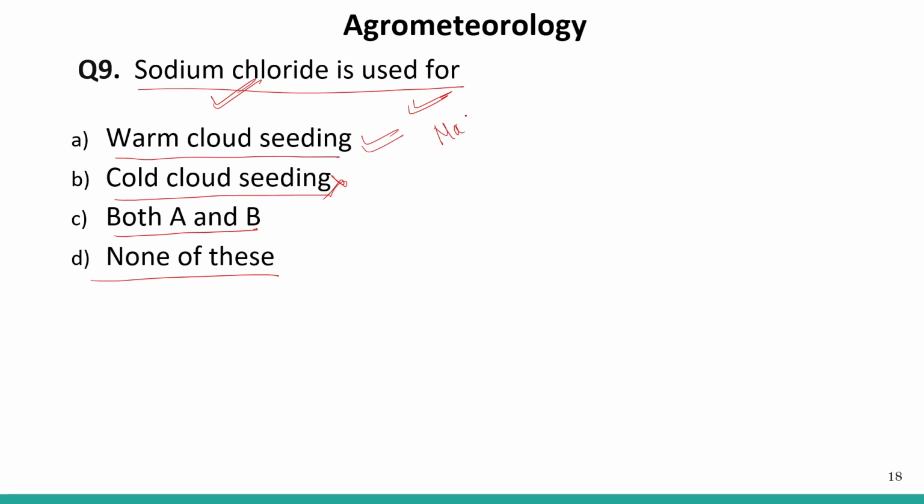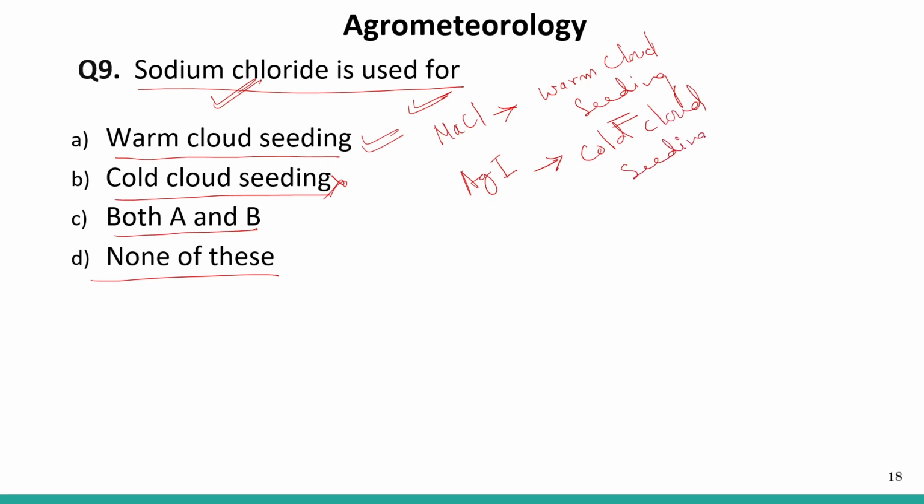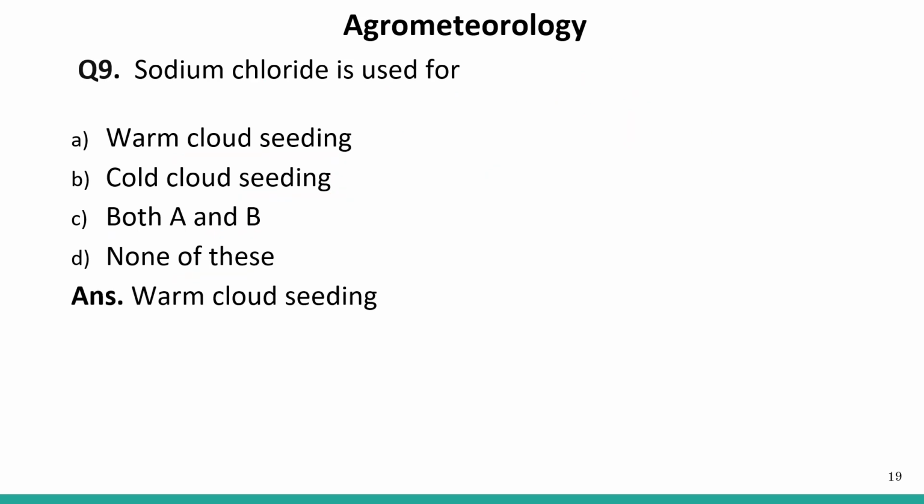Sodium chloride, NaCl, is used for warm cloud seeding, right? This is very important. You have to remember this. AgI, silver iodide, is for cold cloud seeding and NaCl is for the warm cloud seeding. Okay. So the correct answer is the warm cloud seeding, right?